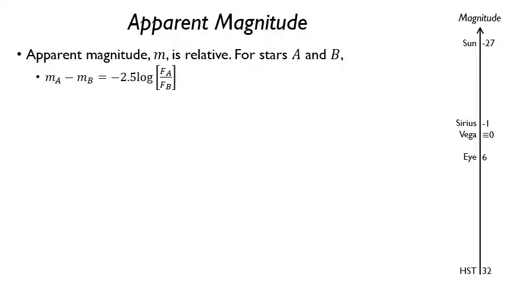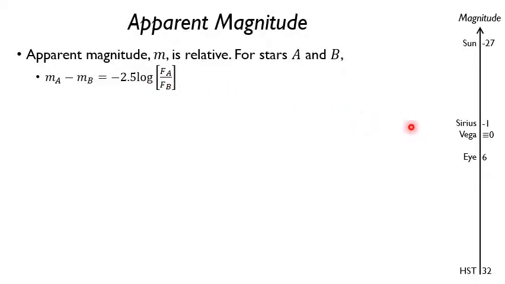So the apparent magnitude is a relative quantity. The apparent magnitude of object A minus the apparent magnitude of object B is equal to minus 2.5 times log base 10 of the ratio of the fluxes, flux of object A over flux of object B. Really this is over a given wavelength band, so we're talking about the integral of flux A over a wavelength band divided by the integral of flux B over the same wavelength band.